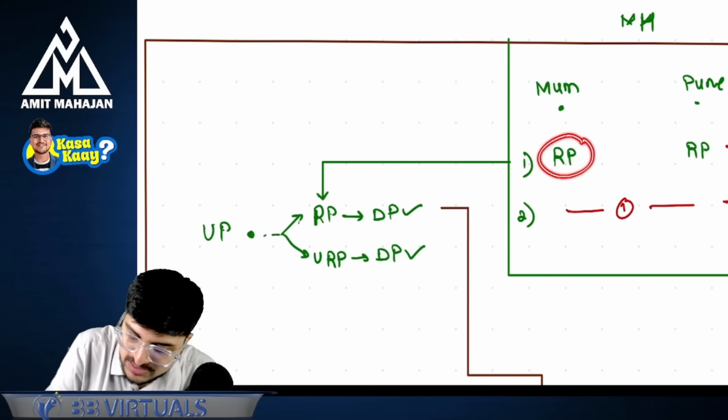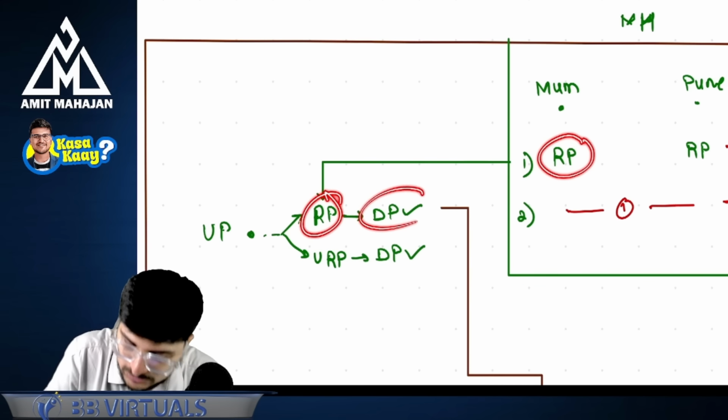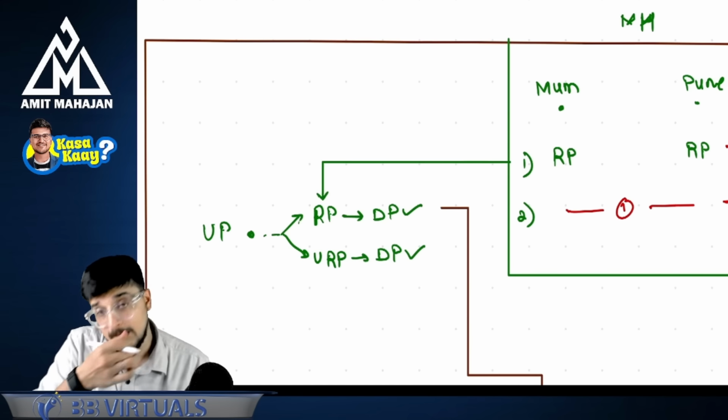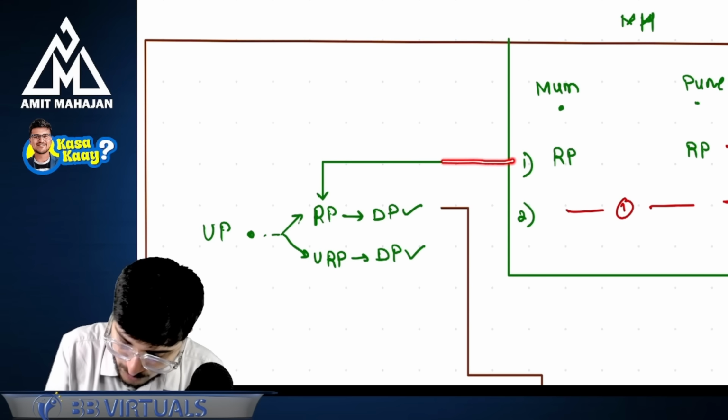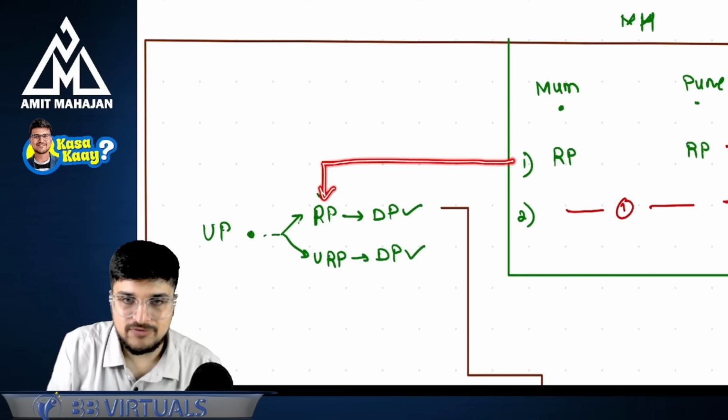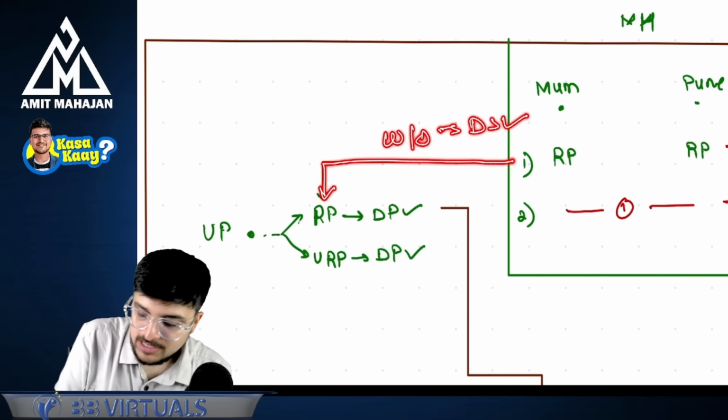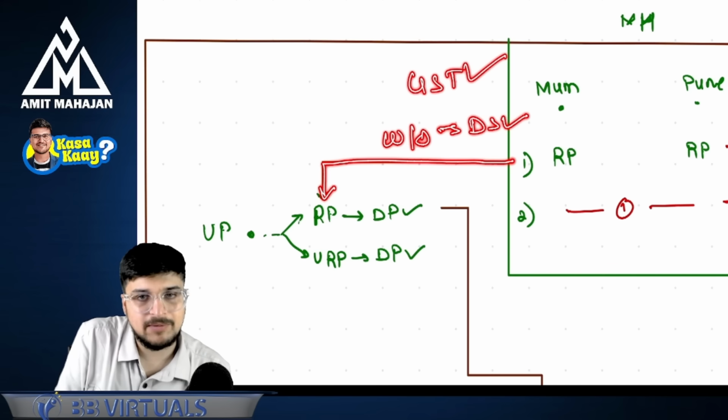So supplier also registered, recipient also registered, both are considered as distinct persons. Now let's understand this with an example. There is one camera which is getting transferred from Mumbai office to UP office, and both are registered. Now they have said that even though this is without consideration, it will be considered as deemed supply, which means GST will be applicable.